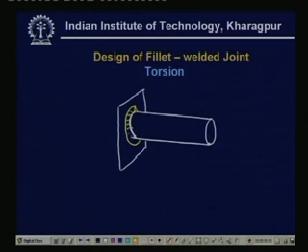So, here is the weld and the torque is applied here. We want to design this welded joint. So, what will be the dimensions of this weld, this particular portion?